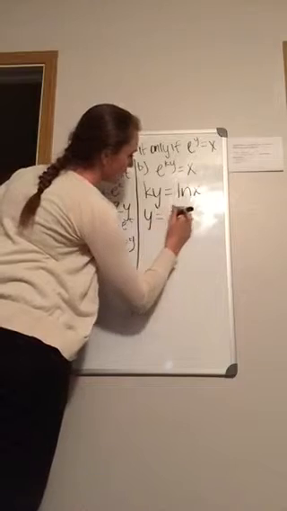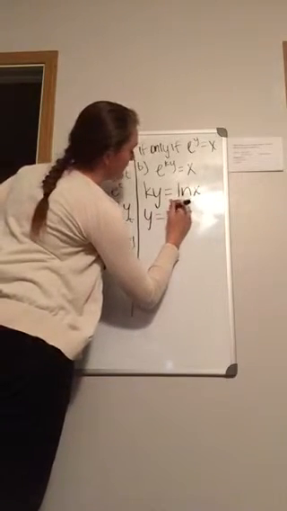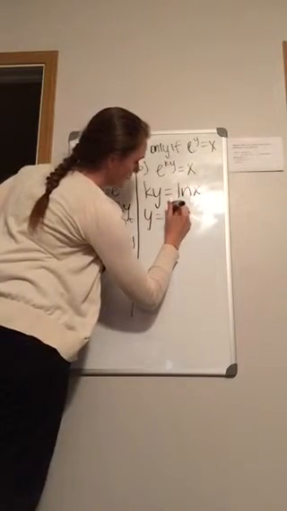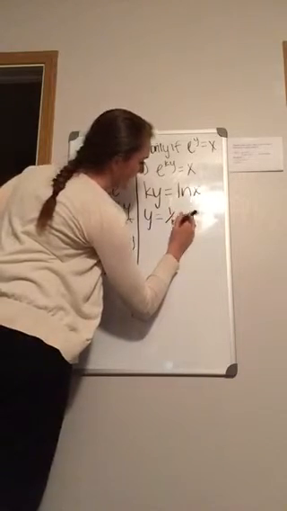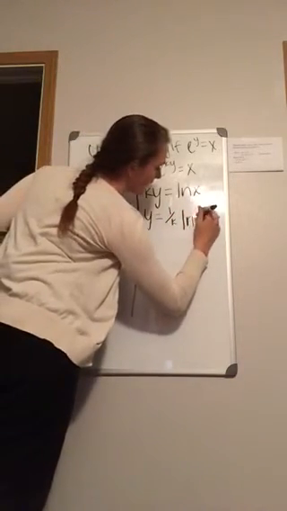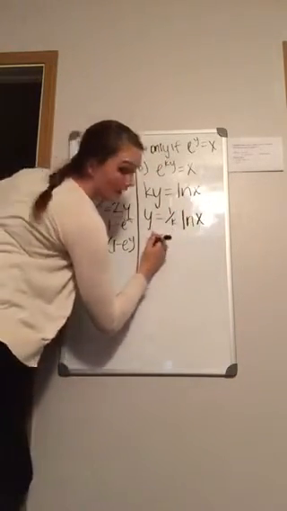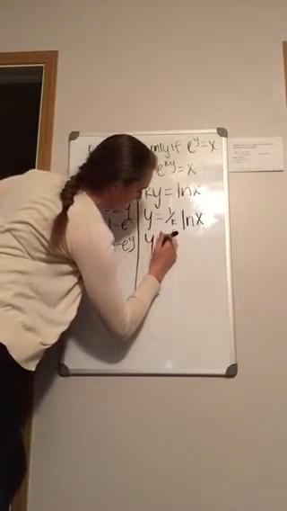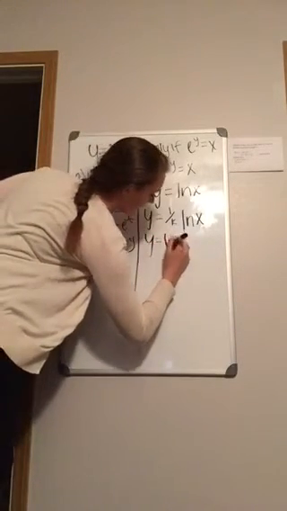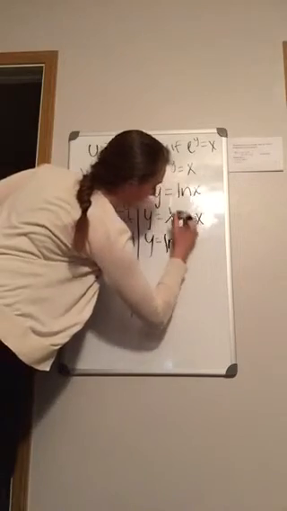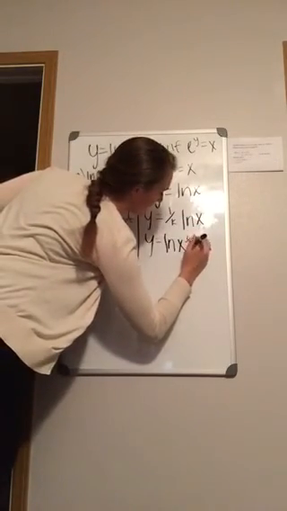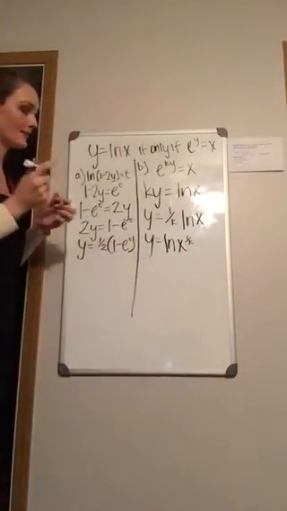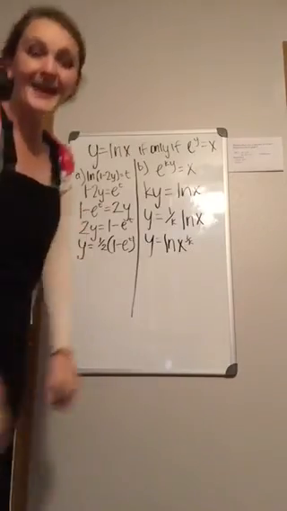So y equals 1 over k times ln of x. And with the law of logarithms, we can further that to ln of x to the 1/k power. And then that is solved for y. And that's it.